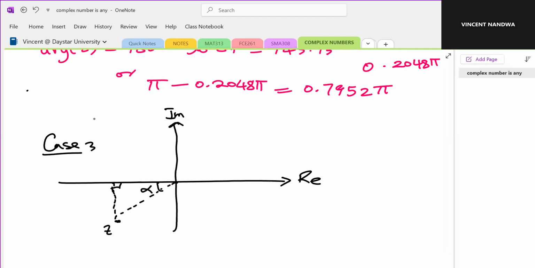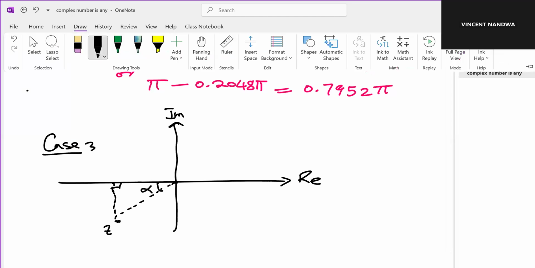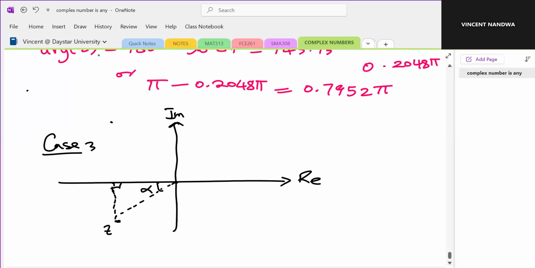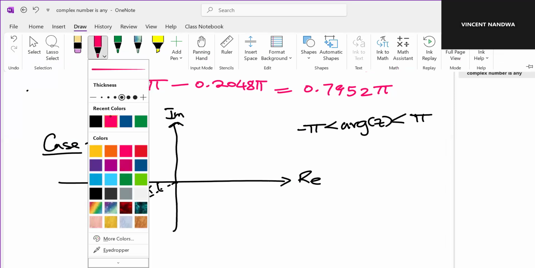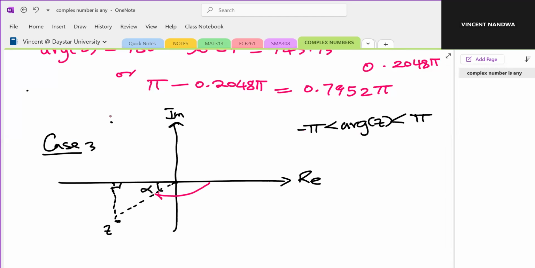Then if you restrict yourself that you want to make the argument between minus pi to pi, then it means that now you will actually be interested in this angle here. So this is what you'll call the principal argument.